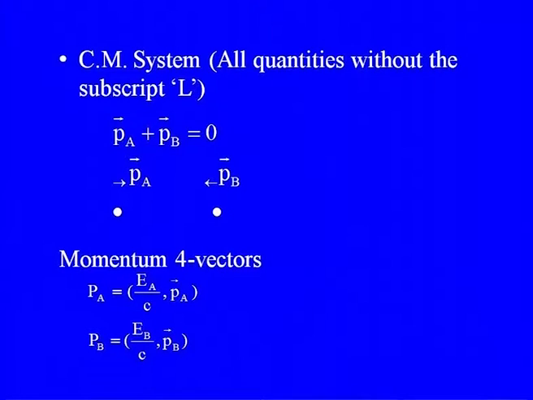Okay. So the same collision process, you're looking at a frame in which both are moving towards each other in such a way that the sum of their linear momenta is 0. Okay. Now it's easy to write the momentum 4 vectors here for PA. Notice that I haven't used any subscript L here.